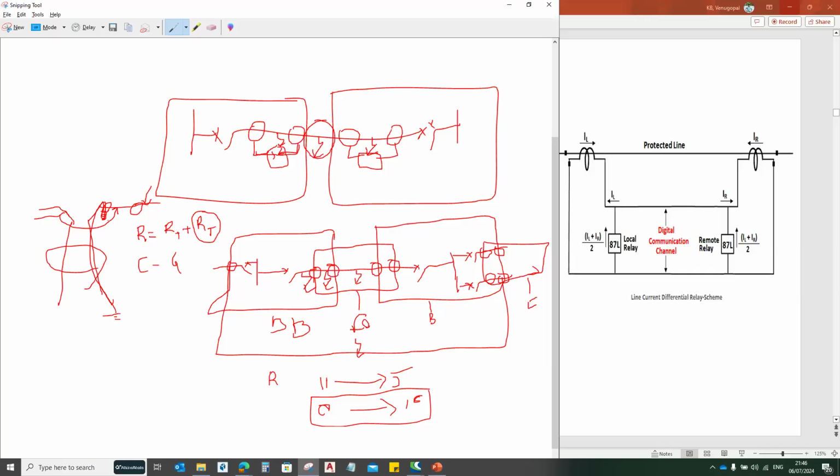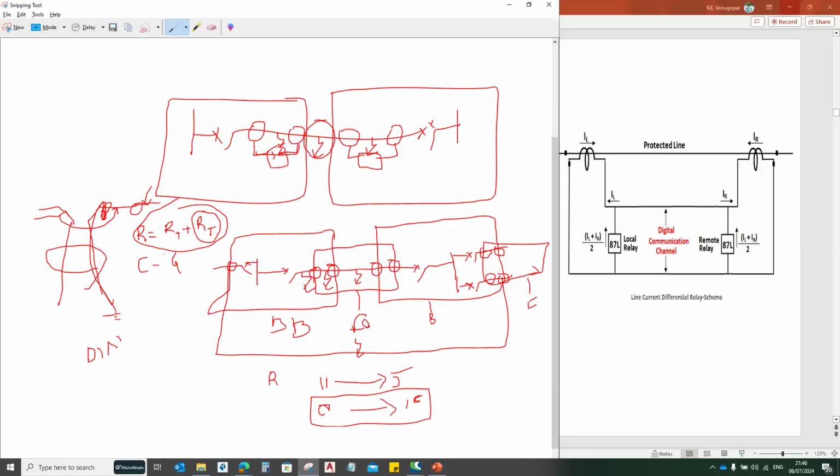When you have a high resistance earth fault, sometimes these distance relays are not sufficient to detect it, because the settings purely depend on the impedance values of the transmission lines.